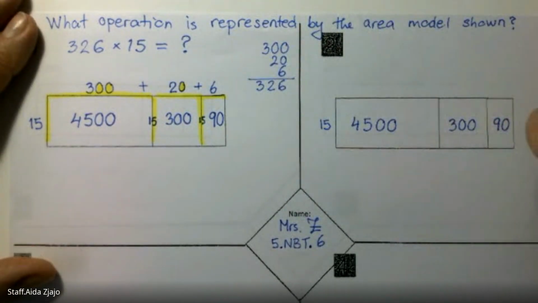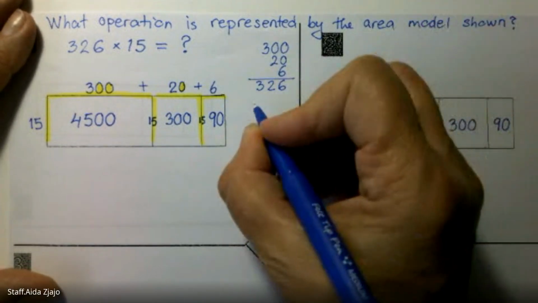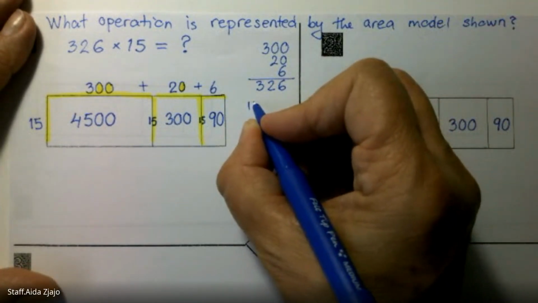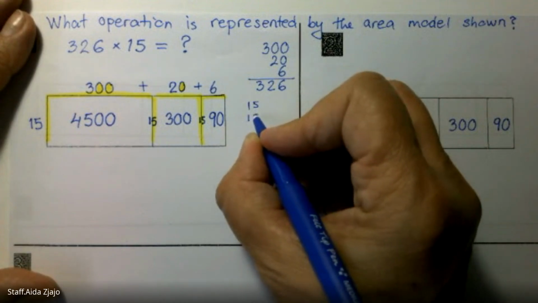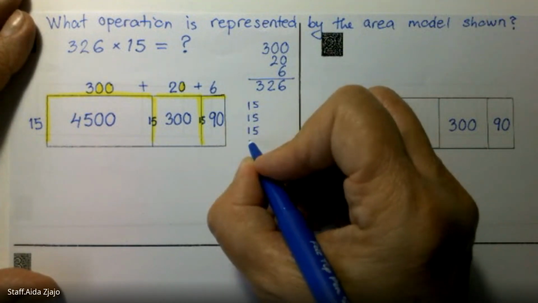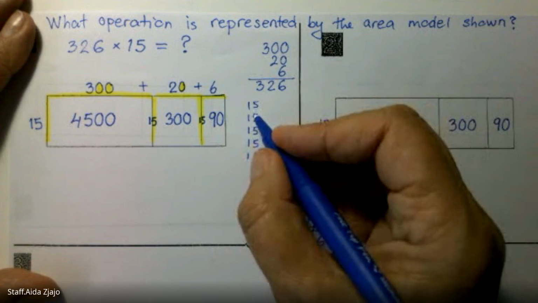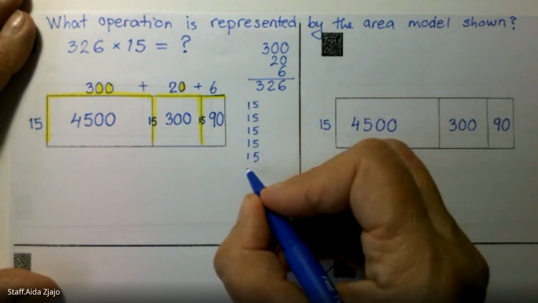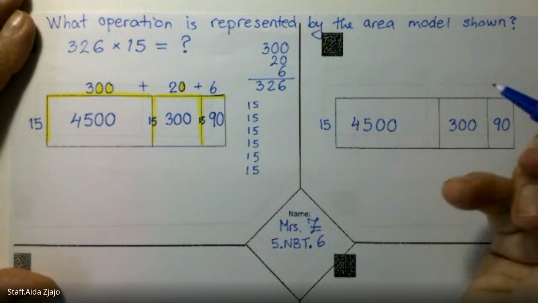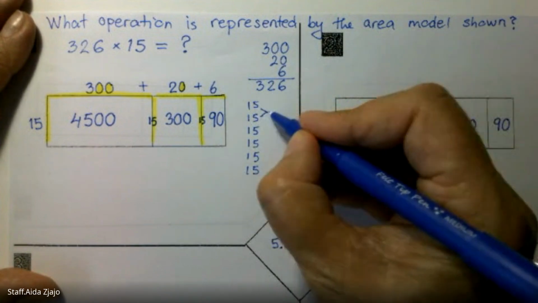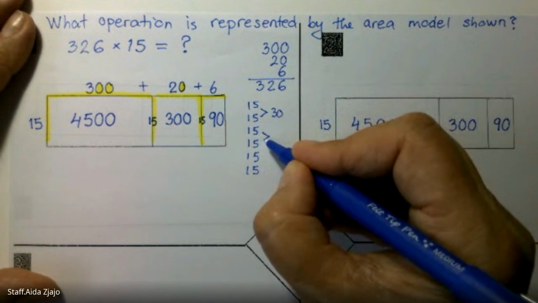So that's easy. If you don't know, you can think whole number addition. And this is for those people who do not know what 6 times 15 is. 2, 4, 5, 6. I can think of these two as 30. These two are 30.